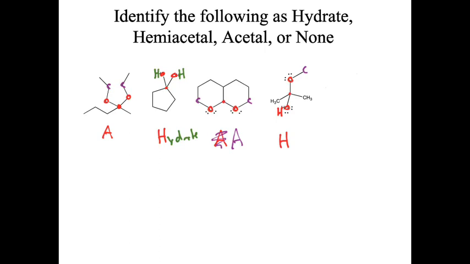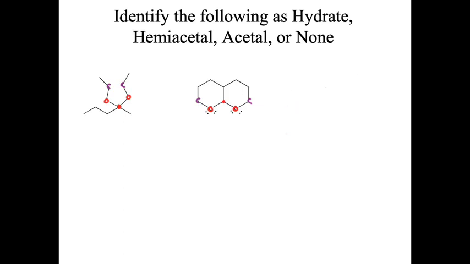The next part would be trying to identify the species that made them. So let's take a look at those two. What are the species, the carbonyl and the alcohols, that made those? How should we go through and do it? Rate the bonds.